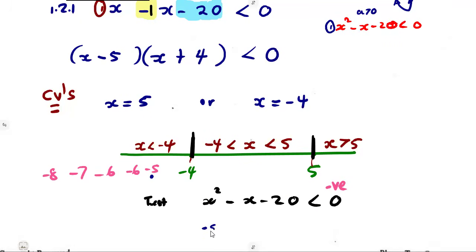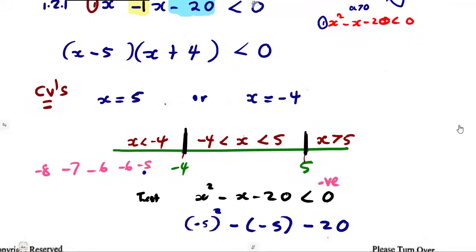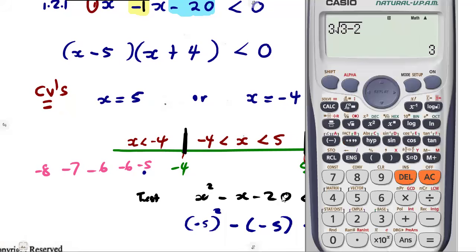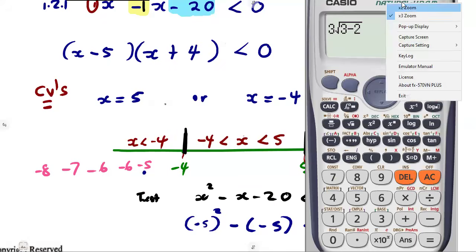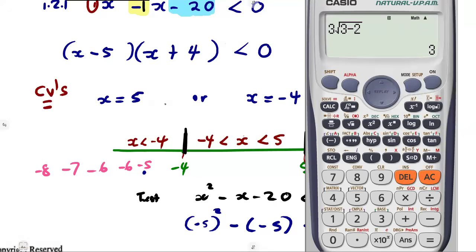So this is going to be -5 squared minus, in place of x, I'm substituting -5, minus 20. We want to see, guys, are we going to get a positive or a negative value? That is how we're testing.